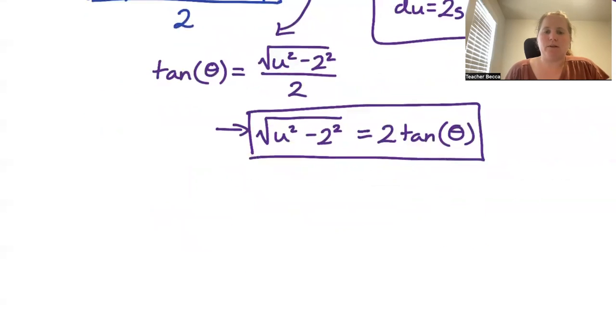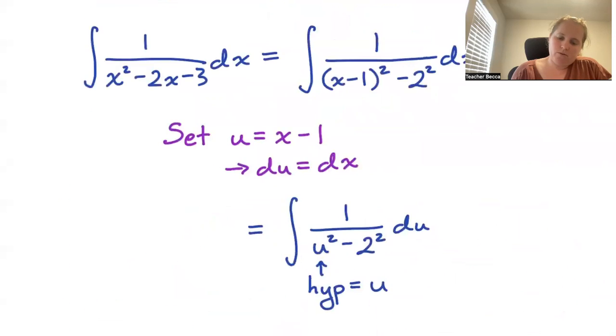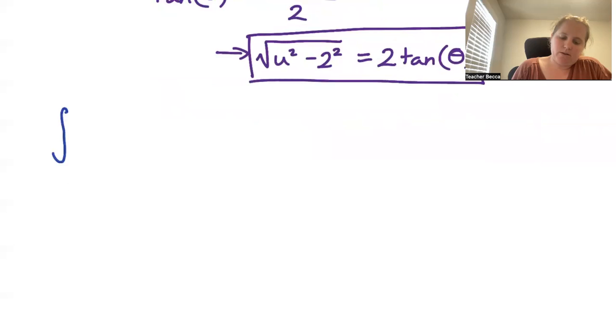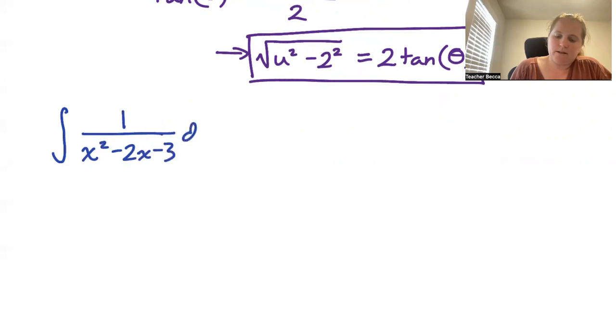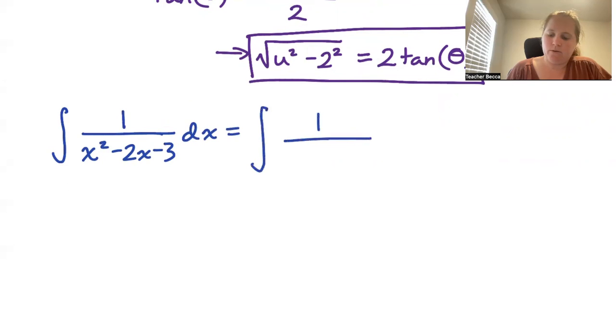So going back to our integral, we have the integral of 1 over x squared minus 2x minus 3 dx was equal to the integral of 1 over u squared minus 2 squared du.